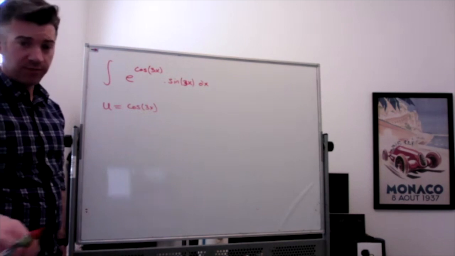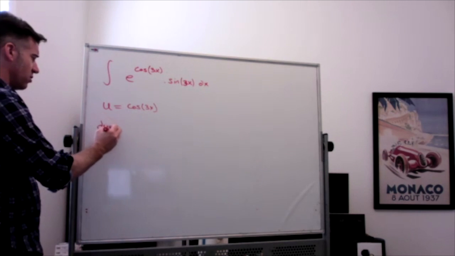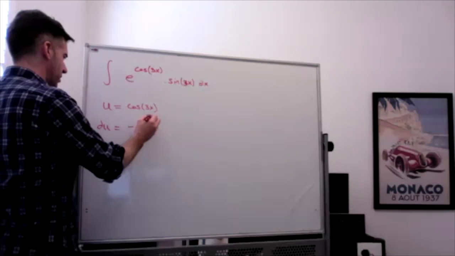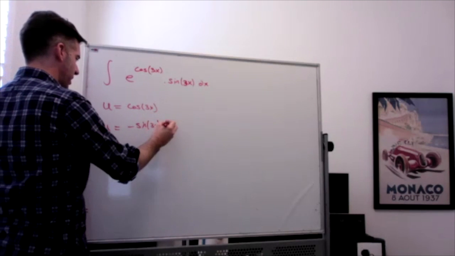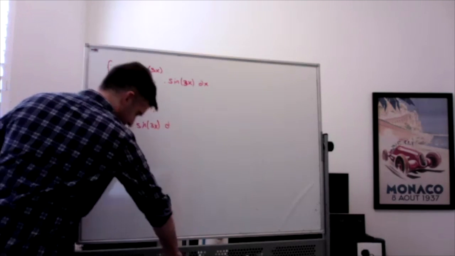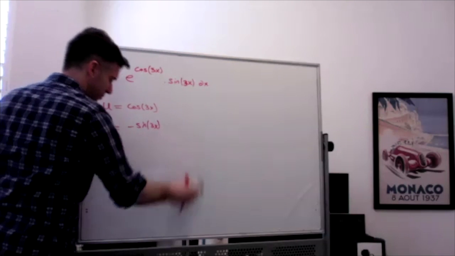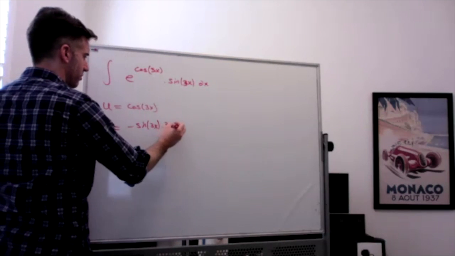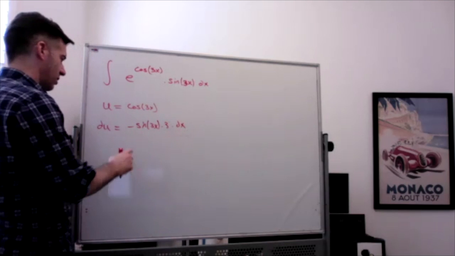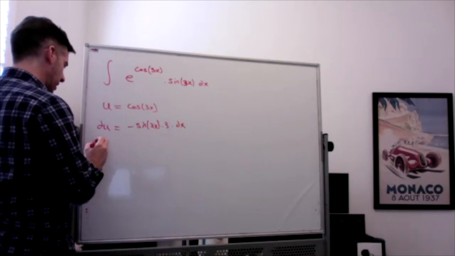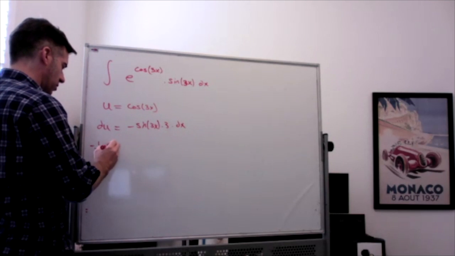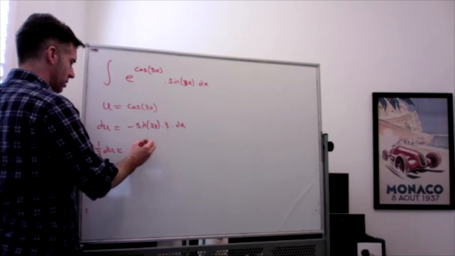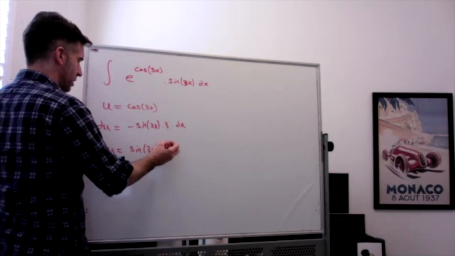Well, that ends up working, because my du is negative sine of 3x times 3 times dx. So then dividing both sides by negative 3, negative 1/3 du equals sine of 3x dx.